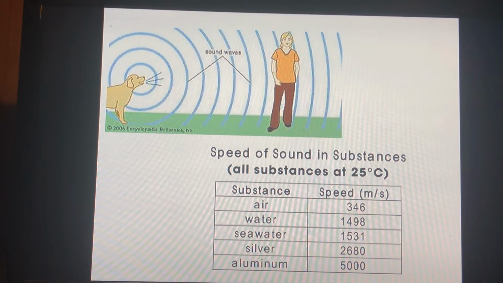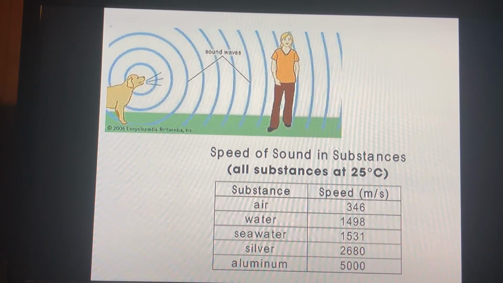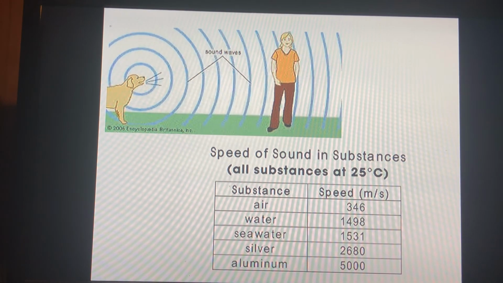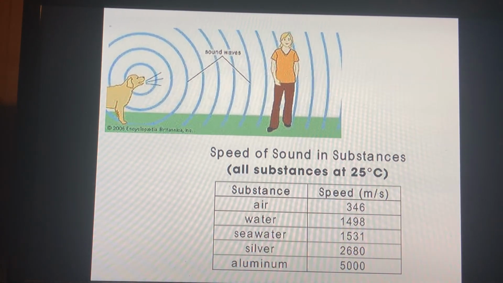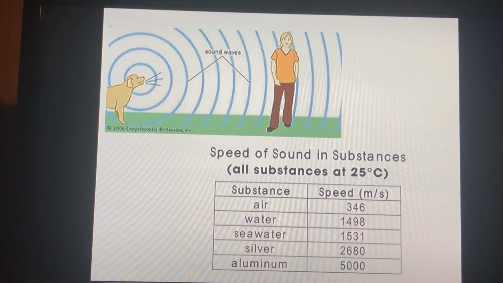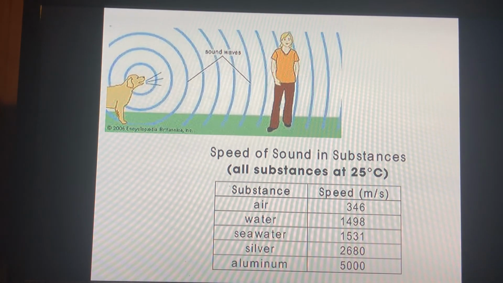And that should make sense to you because sound is a vibration. Sound is a vibration. And it's more difficult to vibrate gases than it is to vibrate liquids. And it's more difficult to vibrate liquids than it is to vibrate solids. And that's just because of how the atoms in those substances, in those phases of matter, are bunched together.